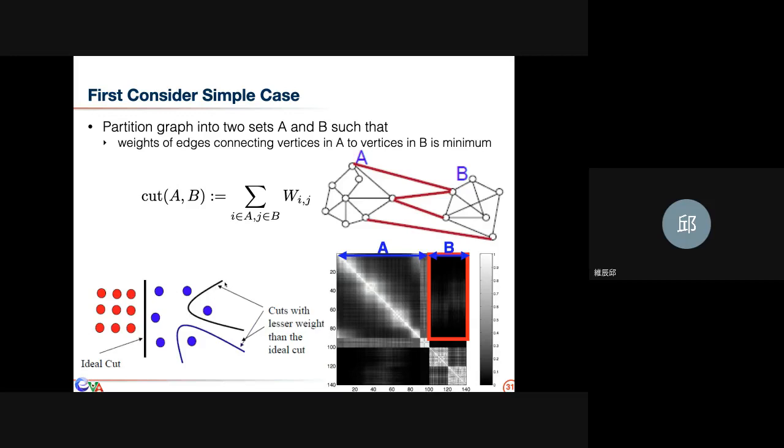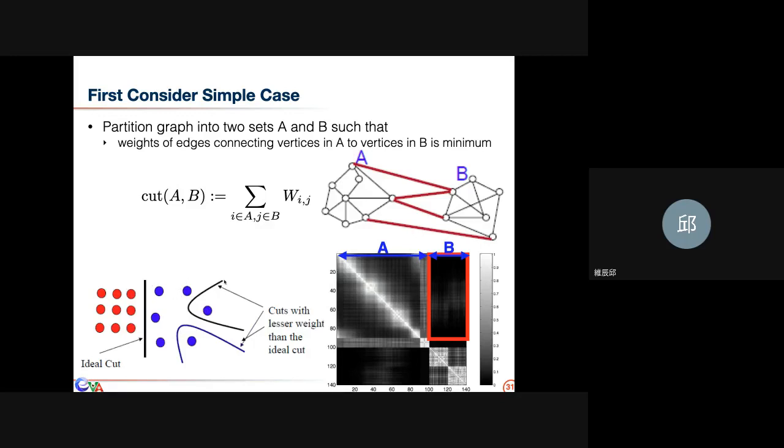That means if you only try to minimize this objective function, very likely you will have a degenerate solution of having only one single data point in the first group and all the other data points in the second group.